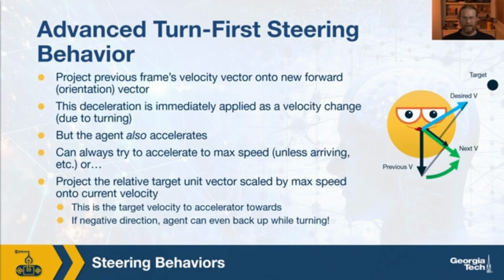Normally you might have conditional logic that says if you have a negative, just don't have any translational acceleration until the agent turns more. But you could have the agent take advantage of that negative vector, and if you allow it, have the agent back up. Then it'll back up while turning, but it'll go slower and slower as that angle gets closer to flipping the velocity to the other side.